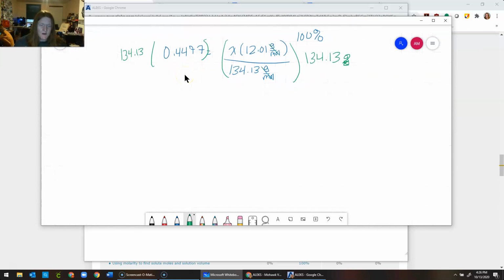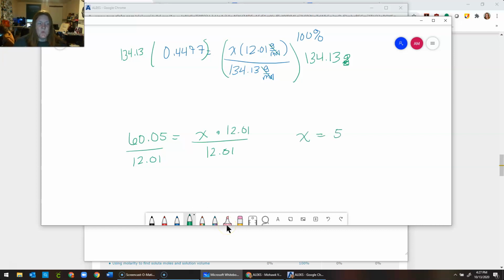On the left-hand side, we end up with 60.05, and on the right-hand side, we end up with X times 12.01. To solve that, we'll divide by 12.01. And so, as it turns out, X equals 5.